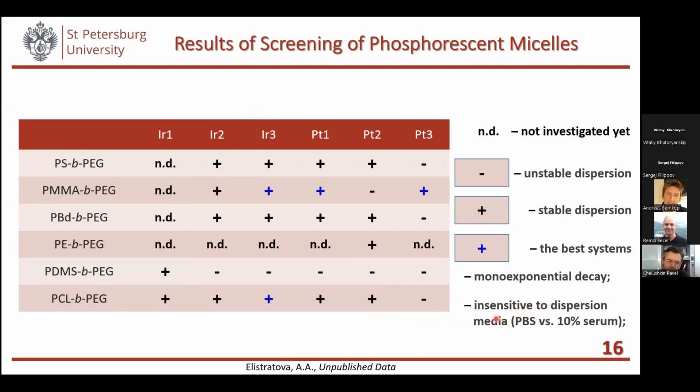So we measured lifetime in PBS and then added 10% of serum, and we compared lifetimes in both solutions. If they were identical, we picked up the systems, and you can see 4 systems that we have chosen. 3 of them are based on polymethyl methacrylate micelles, and 2 of them are based on iridium-3 complex.